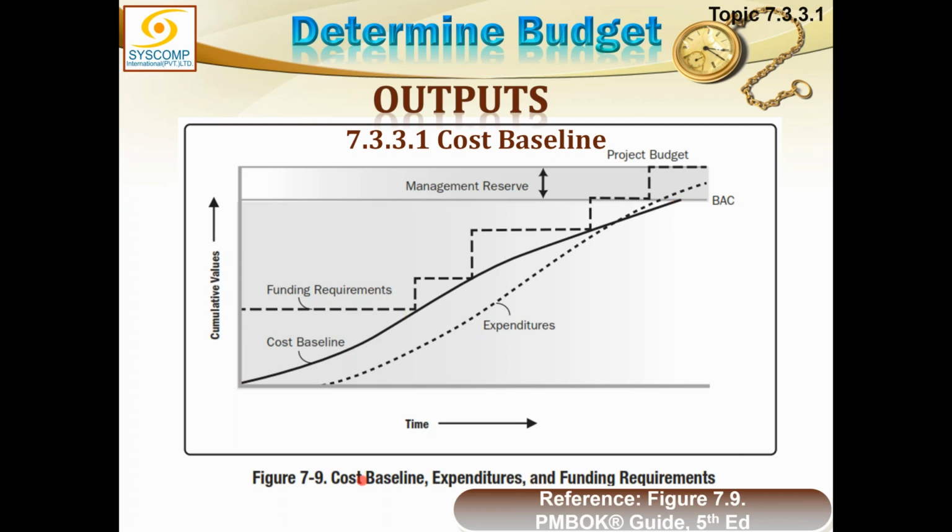For example, I draw a line here. So at this point, what is this? This much time has passed. When this much time has passed, this much money should have been spent. Meaning the work worth of this much amount should have been done. So this is the planned value at this point.